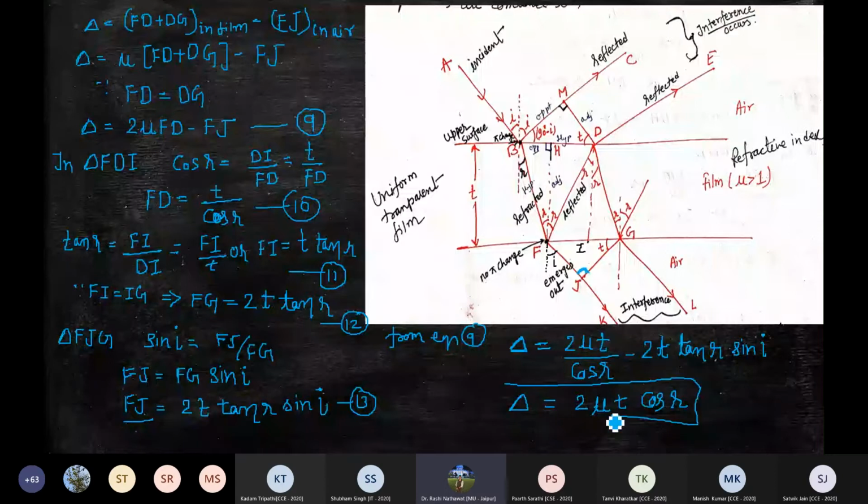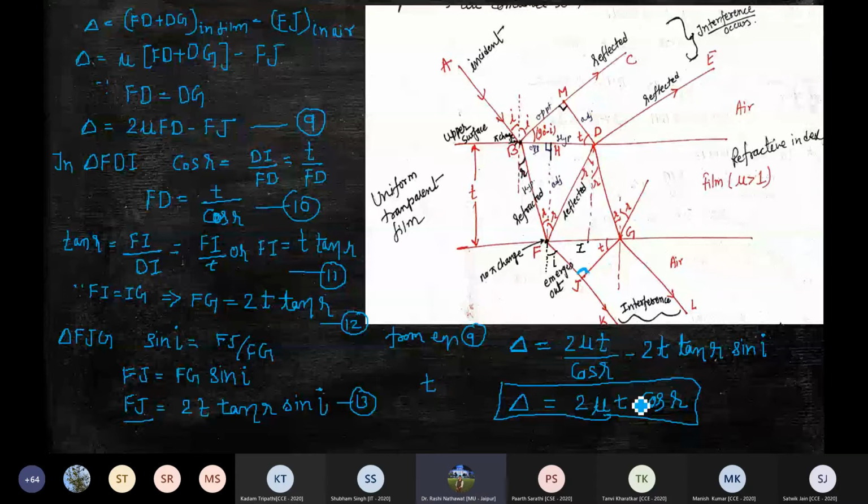Now there is one difference here between what we have done yesterday and here. Since these two waves, which you can call FJ or FK and GL, are coming from the same media, the additional phase difference will not be introduced here. Therefore, the total path difference will be 2 mu t cos r itself.